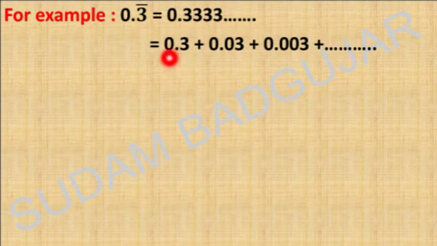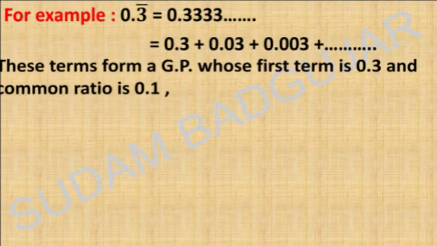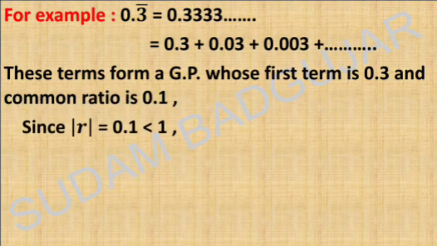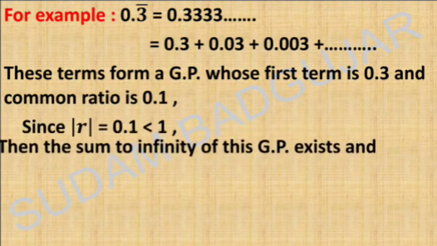Now you have to observe this. All these terms are in GP, whose first term is 0.3 and common ratio is 0.1. So here we can apply the S infinity formula.